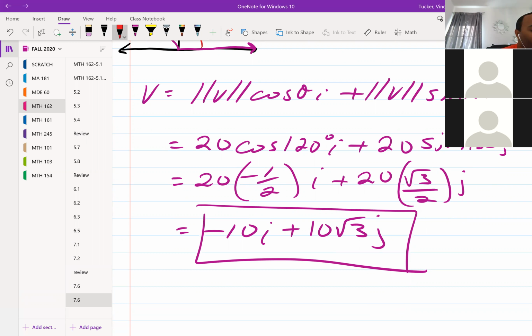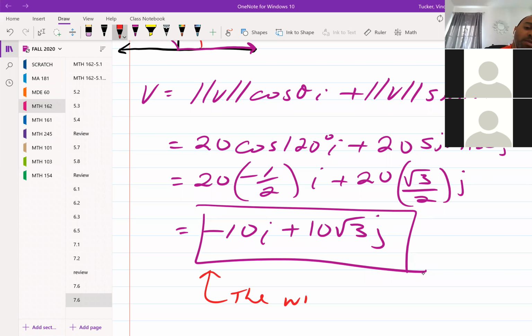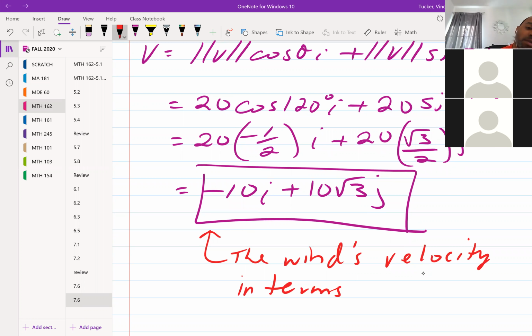All right, hold on one second. So that's basically the wind's velocity in terms of I and J. All right, let's see what time we have.